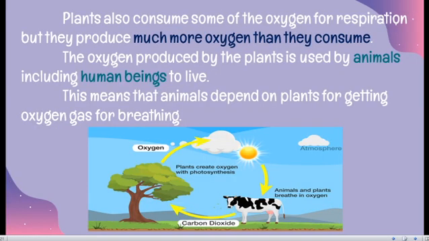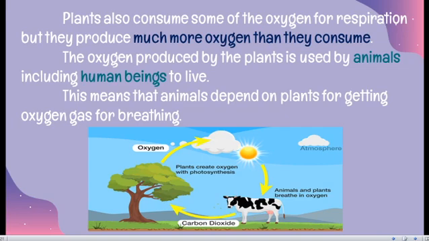Plants also use oxygen, right? In respiration, plants also consume some amount of oxygen, but they produce more oxygen than they consume. So they are giving out more oxygen. That's why oxygen gets balanced in the atmosphere.